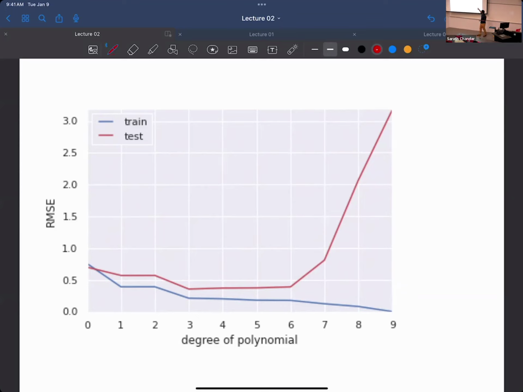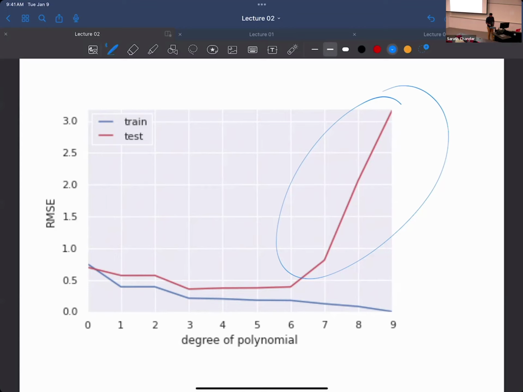So for 10, 11, 12, if you extend this, the training error is just going to be 0, because you have only 10 examples and the polynomial can just fit the training data perfectly. But then the problem really happens in this region, right? It looks like the test error is going down up to some extent, and then it is increasing.